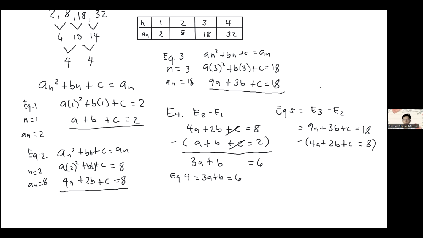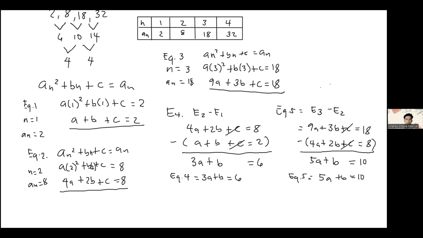Alright, subtract 9a minus 4a is equal to 5a plus 3b minus 2b is equal to b. Then cancel ulit si c. Then 18 minus 8 is equal to 10. So yung equation 5 na natin is 5a plus b is equal to 10.